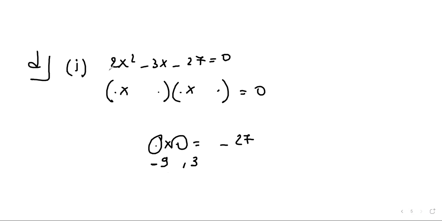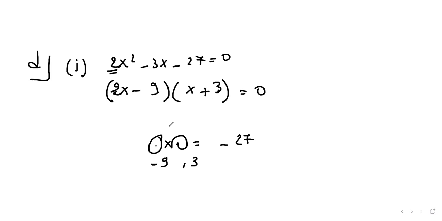So for example here, for the first coefficient, I will choose to put 2 and 1. I'm not obliged to put 1 here, but I can write like that, 2x times x. And I will put, for example, negative 9 here, plus 3.